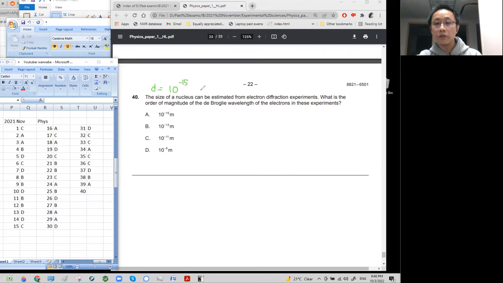And you need a wavelength to have a similar order of magnitude to the nuclear radius in order for them to interact. And finally, this is the equation. It's not given in the formula book anymore, but it's easy to just remember h over mv. So here you're looking at 10 to the negative 15.